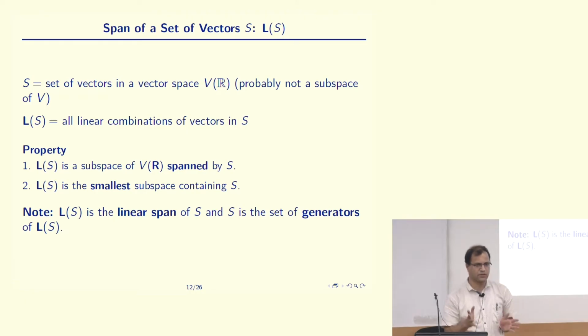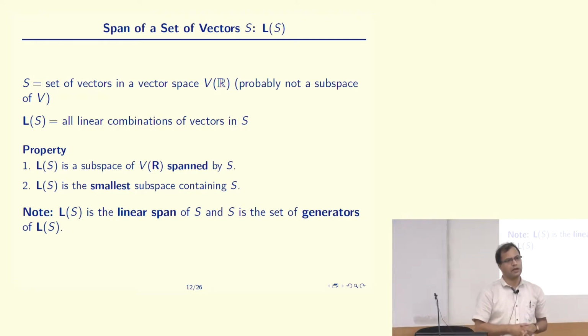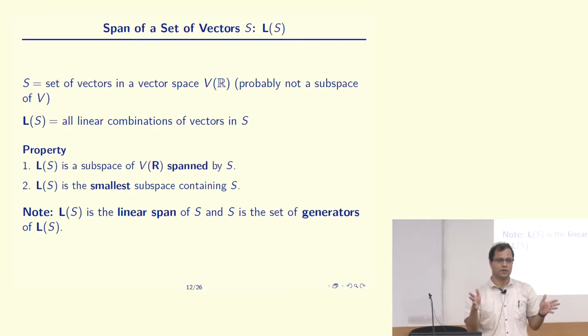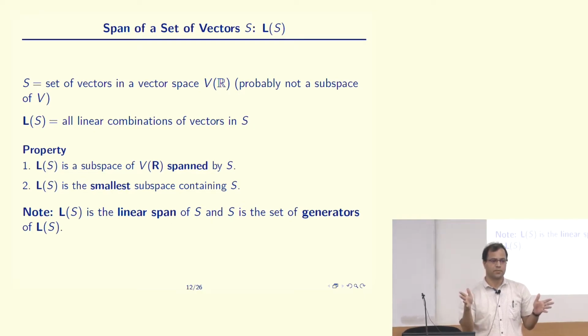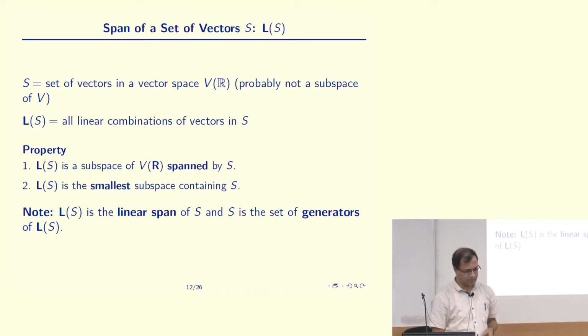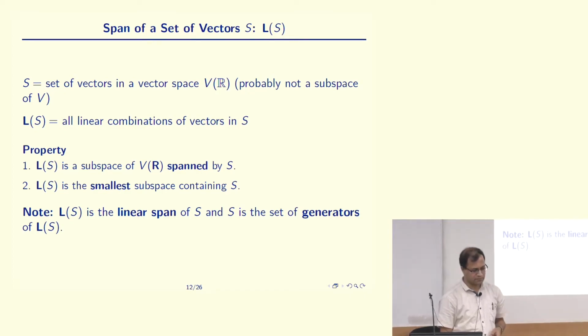So now we have understood that, given a set of vectors, what is the smallest subspace they will span, right? That is my linear span of that set of vectors.